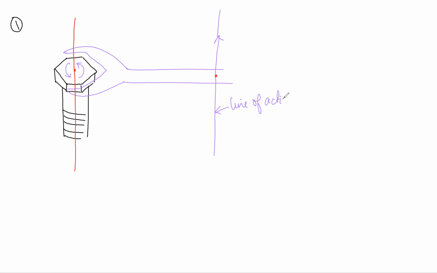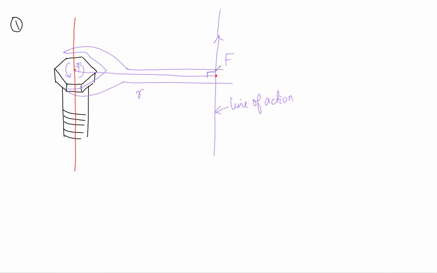Now convince yourself that whenever there are two lines, you can draw a third line that is perpendicular to both of them. Let's say the length of that line is equal to r. So over here, r is perpendicular to the axis. r is also perpendicular to the force.